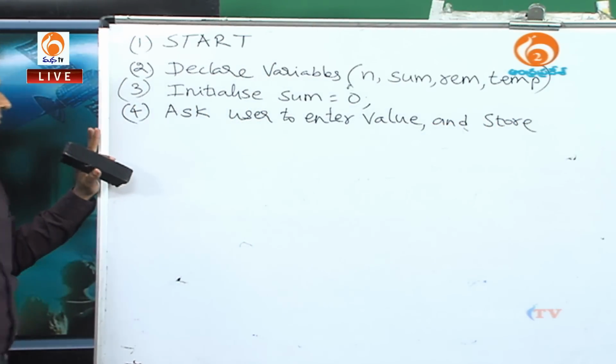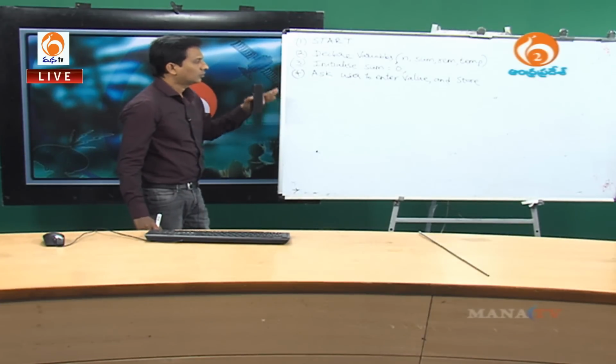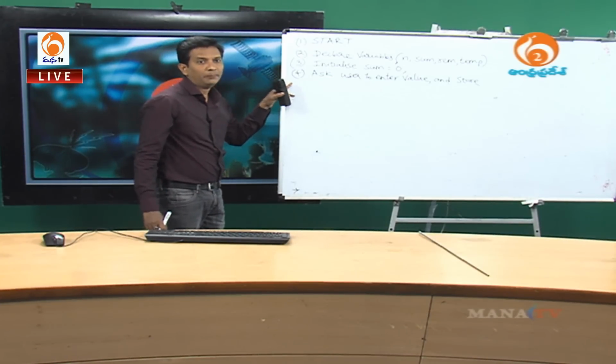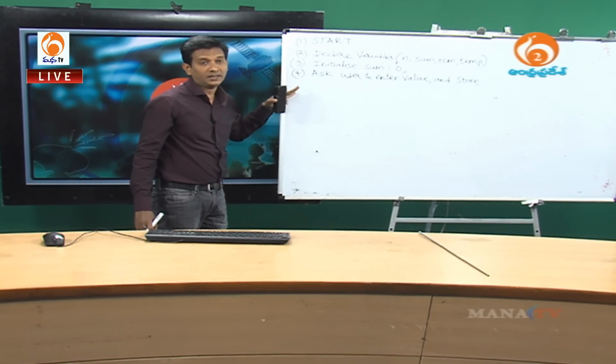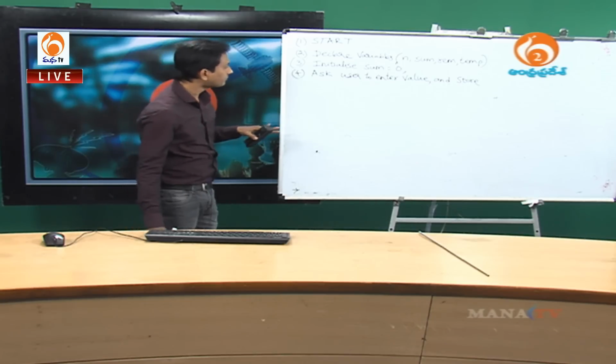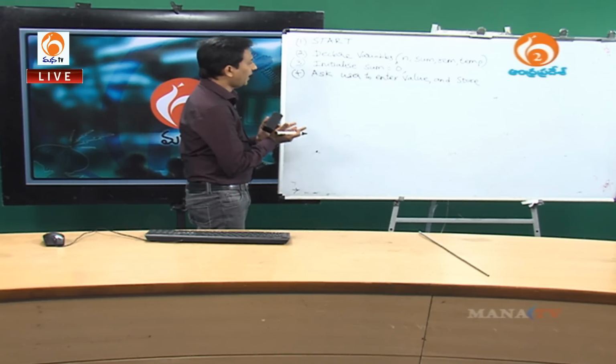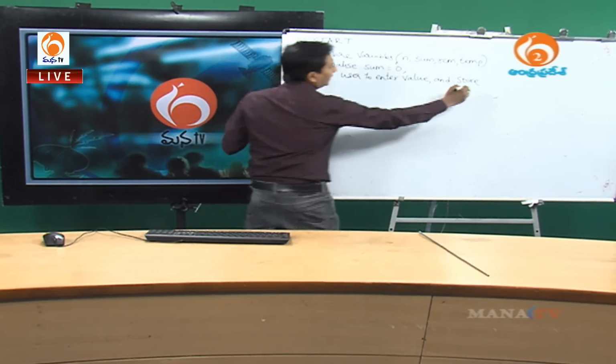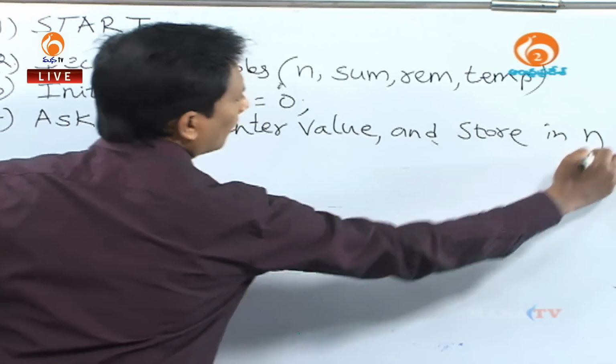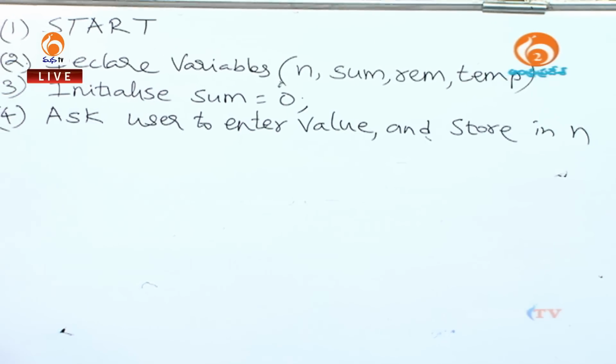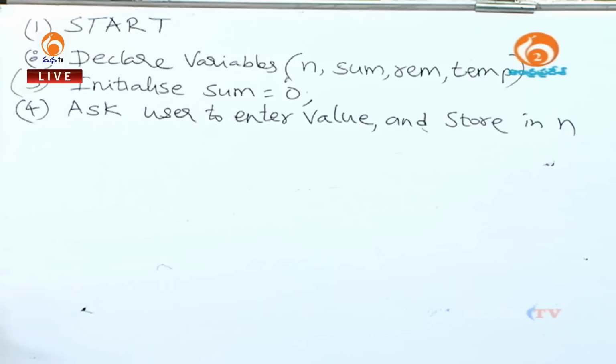And store, right. Here we are writing the printf and scanf programmatically, I am assuming. Once we read the value, I am storing it in the variable n, which is an integer variable.